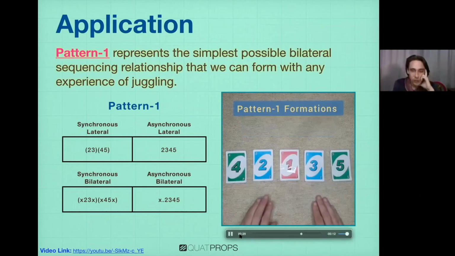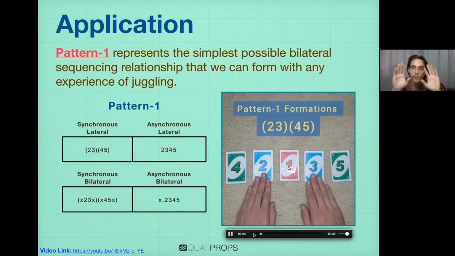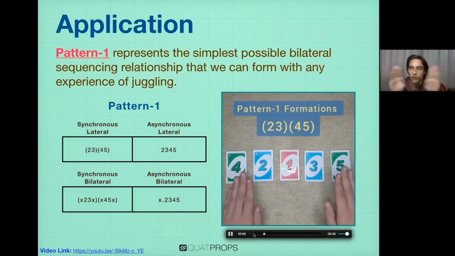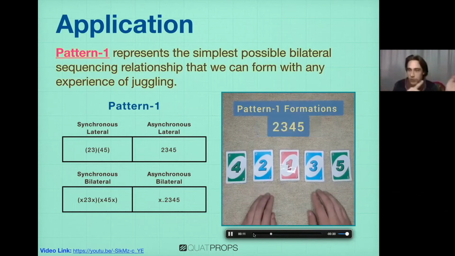And then these are our variations of it as well. If you can do the first version here, you see 2345. Focus now on the structure, the relationship between each side of the body, how each side of the body is moving in relationship to the other. And then we do the same pattern, same locations, same order, but asynchronous.